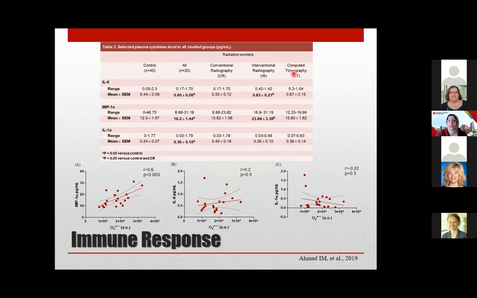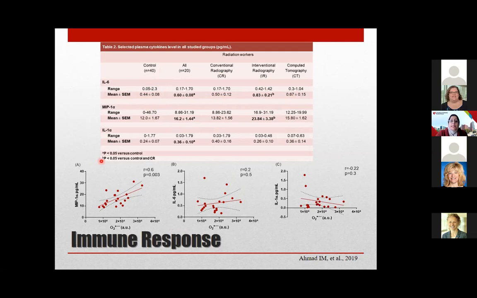And although the CT subgroup did not show any significant changes as compared to both conventional radiography and control, there is a trend of increase if you look carefully at this table, okay? Also, we did not see any changes in these cytokine levels between the control and the CR, as well as between the IR and the CT.